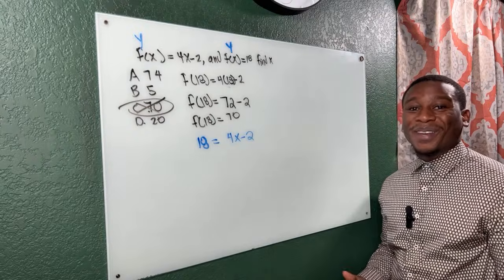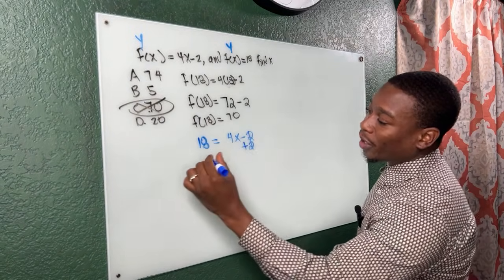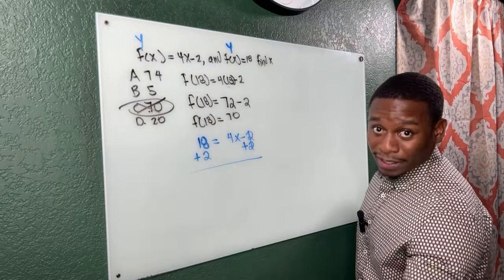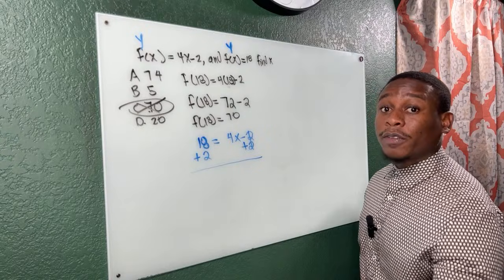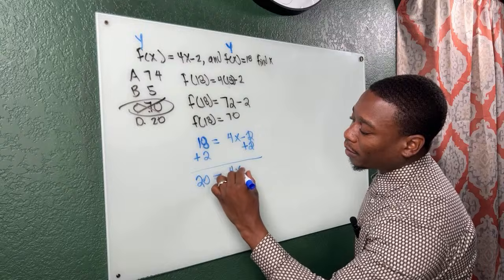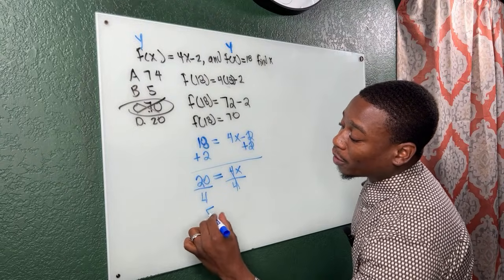So we're actually working backwards. So now we're trying to solve for x, right? Because we know f of x, y is 18. What is the x value that would give us that answer? That's all they're asking. So 20 is equal to 4x. We divide by 4.